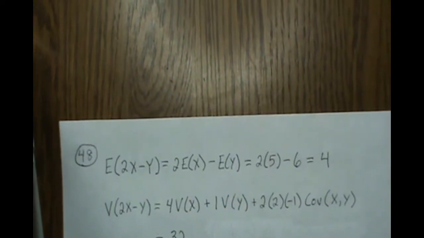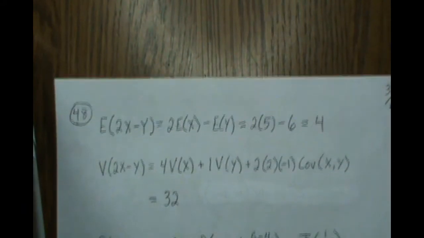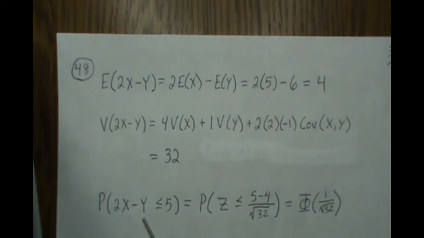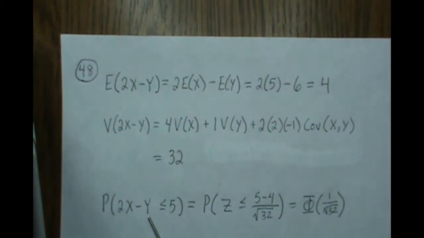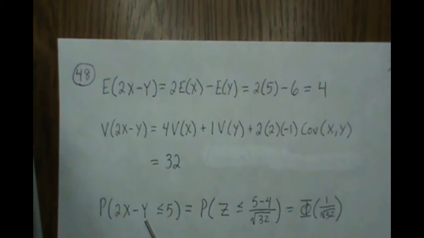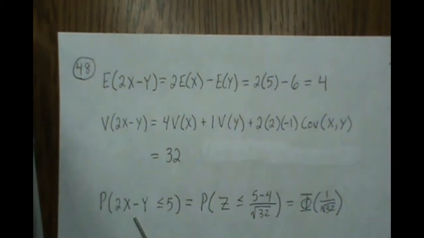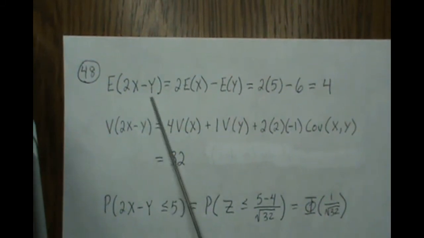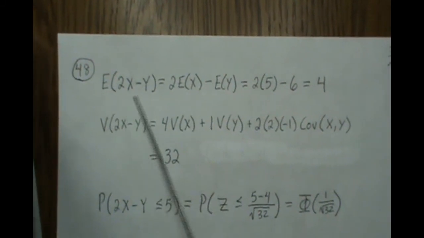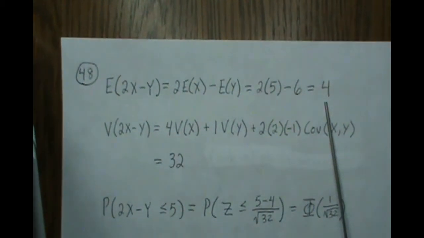So number 48, we're asked to find this probability, and we know that x and y are normal, so any linear combination of x and y is normal, but we don't know the mean and the variance, so we have to find that. So the mean of this quantity, take the expected value, evaluate it, you get 4.